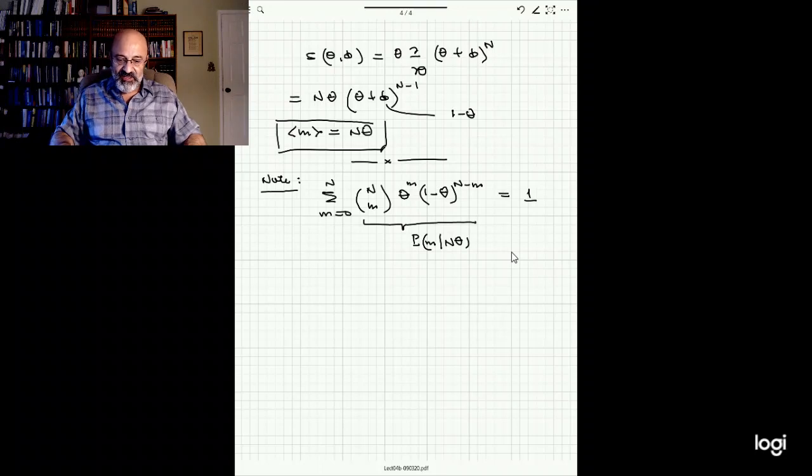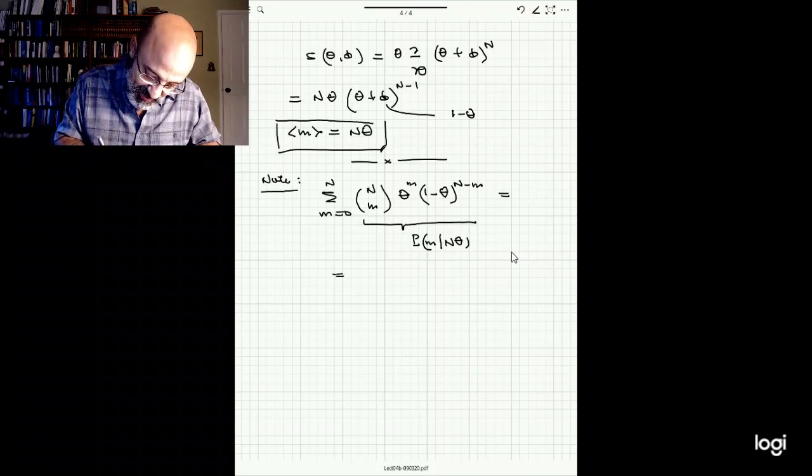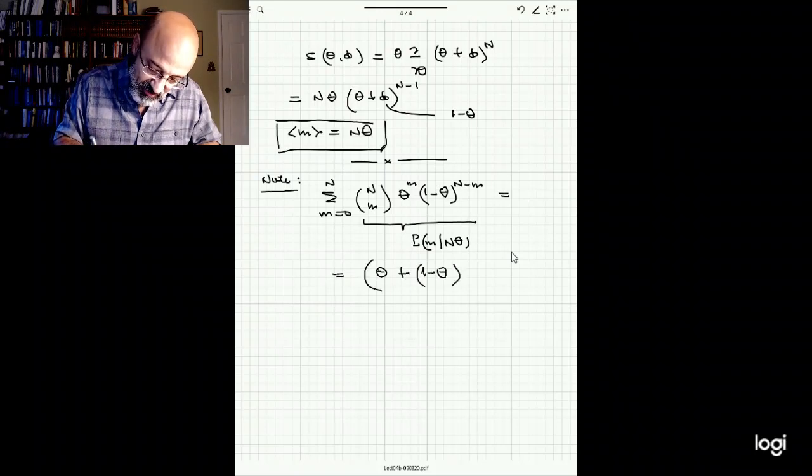You can actually prove this. This is going to be (theta plus 1 minus theta) to the power n, which is 1 to the power n, which is 1.